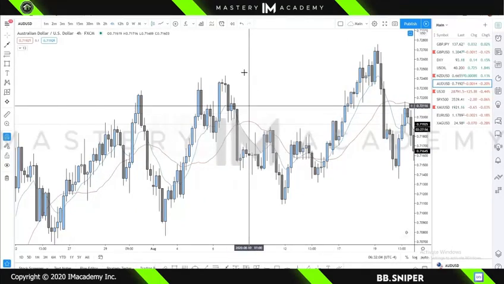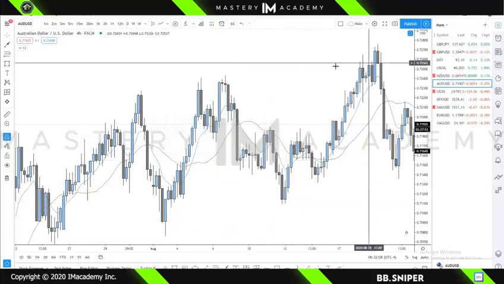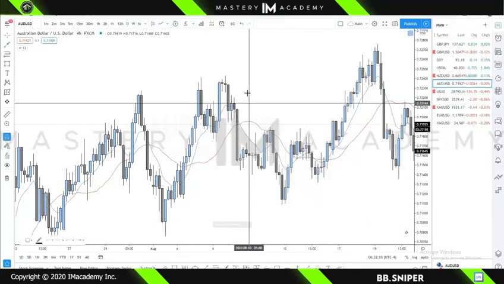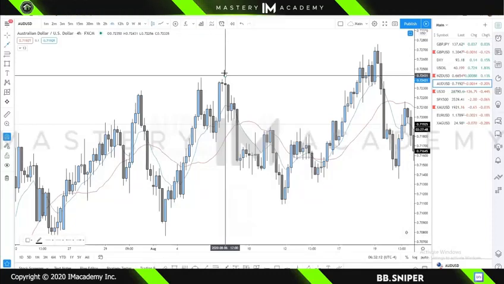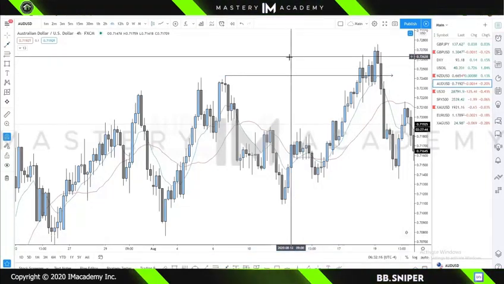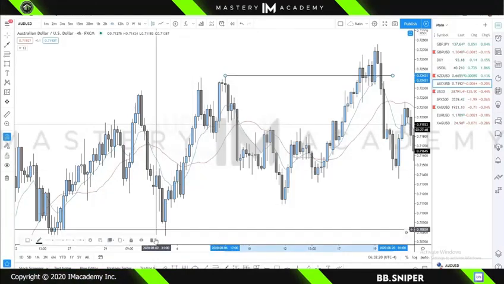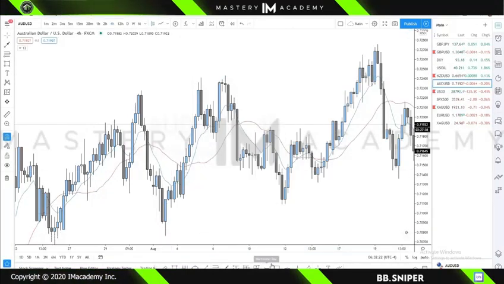Okay, so now that we have this move up here that has captured and taken out this external liquidity, the process has to repeat itself. Right, after external liquidity is captured, they have to now seek for internal liquidity.